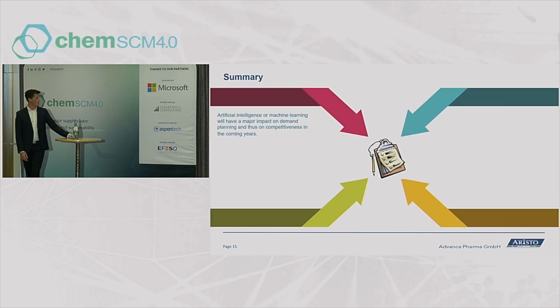Okay, now I want to summarize really quick what I just said. Artificial intelligence and machine learning will have a major impact on our organizations, demand planning and competitiveness in the future. It can have a beneficial impact on the inventory and on the profit. We can have higher delivery capability.